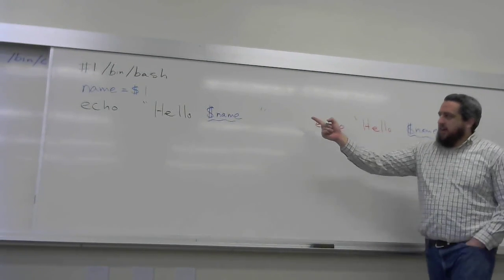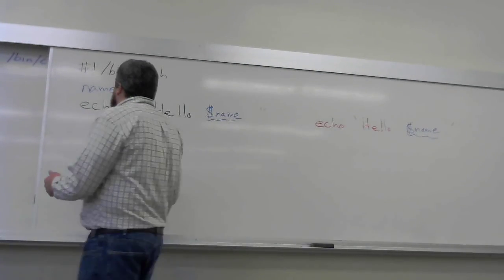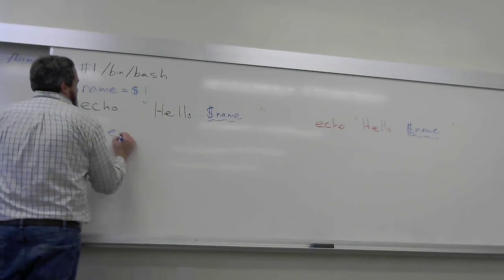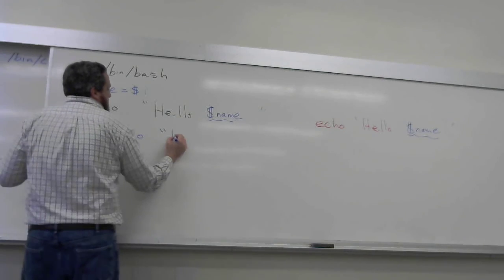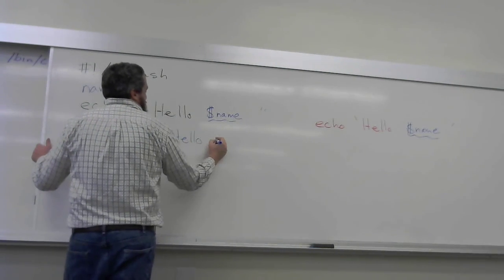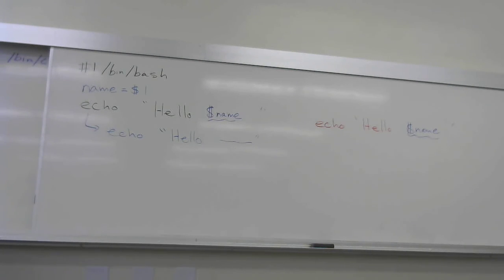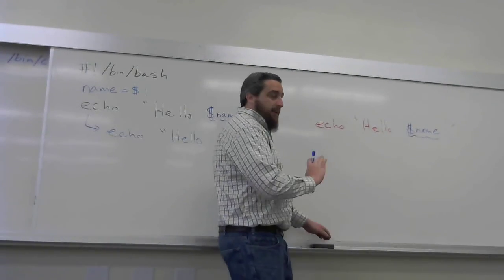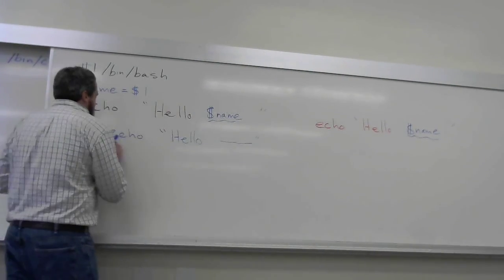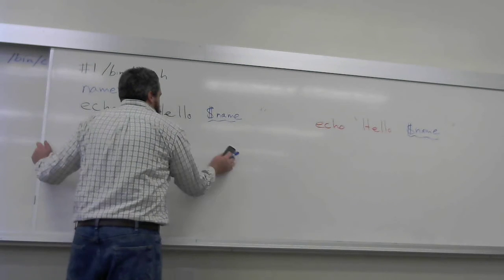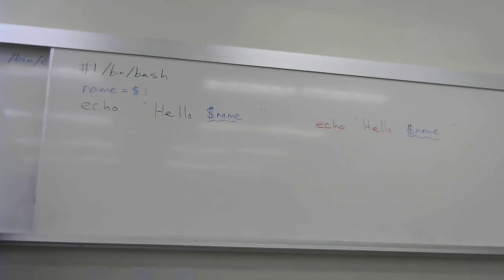So this entire line prior to execution gets rewritten as echo double quotes hello, whatever the user's name was. So that $name is a text replacement. You can also do it without any quotes, or with single quotes or double quotes. That would also work.